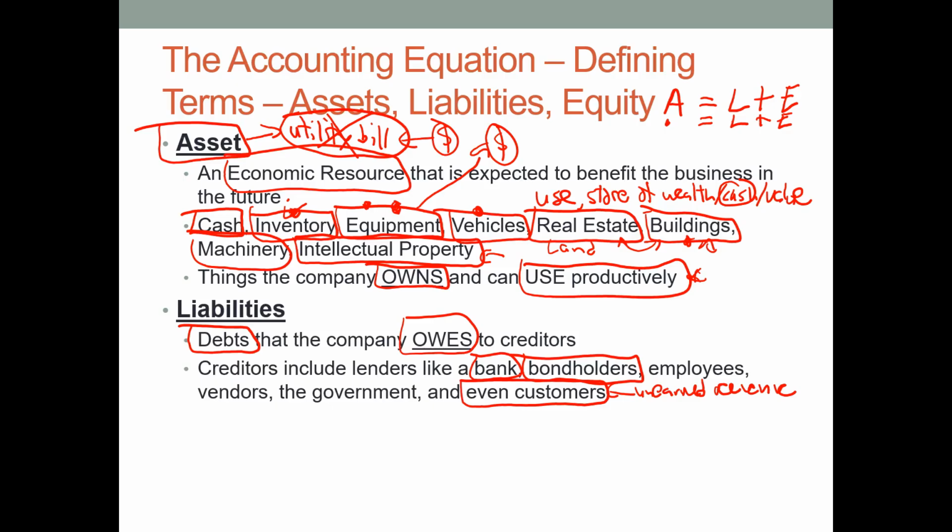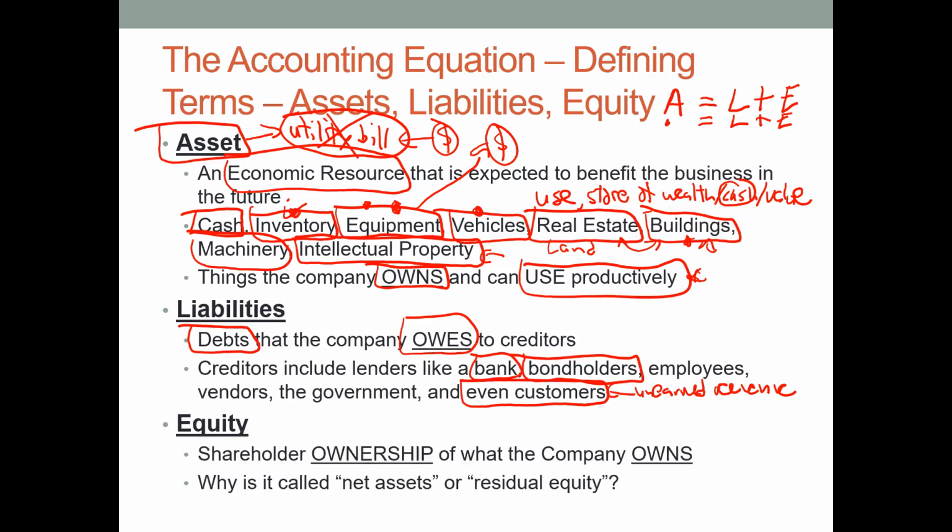If the customer gives you that cash, and let's say 5 minutes later they change their mind, you're going to have to pay them back, right? You're going to have to give that money back because you haven't done anything to earn it. So that is the hallmark of a liability. You have to pay that amount back to whoever lent you the money.